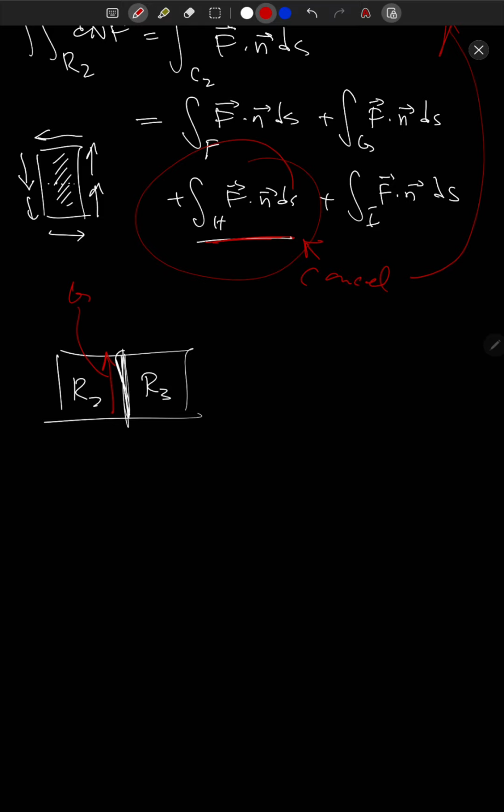But for rectangle 3, as usual, if we want to write down Green's theorem, we're going counterclockwise. So from the perspective of rectangle 3, we're integrating downwards. And so when we write down the Green's theorem expression, these two are going to cancel out. What we ultimately end up with is that Green's theorem is true over this region.